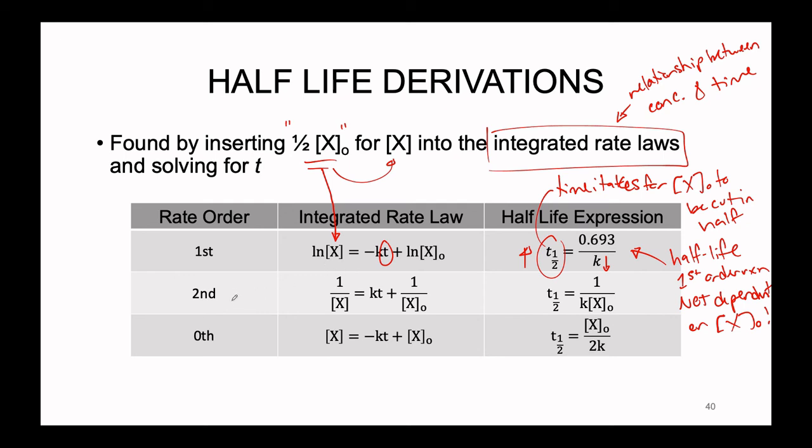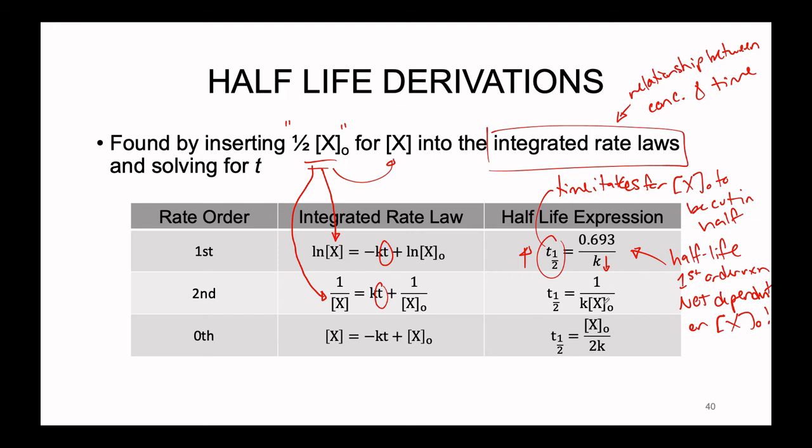So if your rate order in particular reactant X is second order, again, we're going to take this 1/2 of initial concentration of X, plug it in for X here, rearrange and solve for t. This will give us t 1/2 equal to 1 divided by our rate constant k times the initial concentration of X. So what this tells us is not only is the half-life dependent on our rate constant k, so it's temperature dependent, activation energy dependent, etc., it's also dependent on the amount of initial starting material.